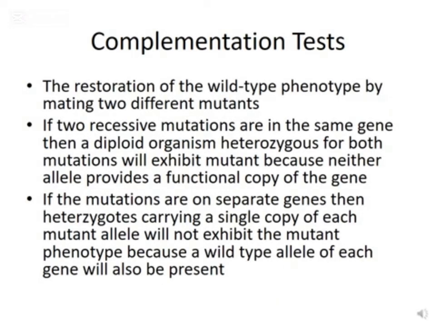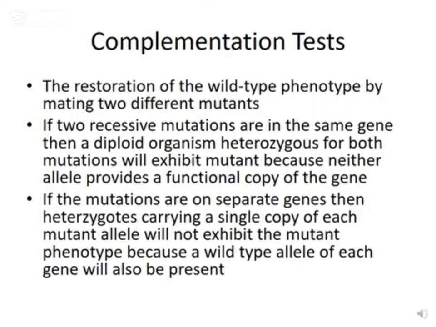For studying whether certain mutations are on the same gene, the same location, or at different genes, there is a test called the complementation test. And it depends on restoring the wild type phenotype by mating two different mutants.